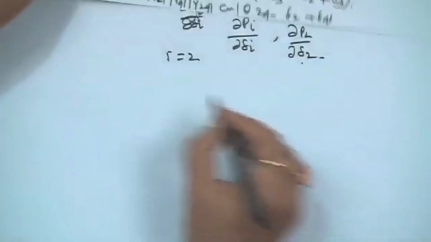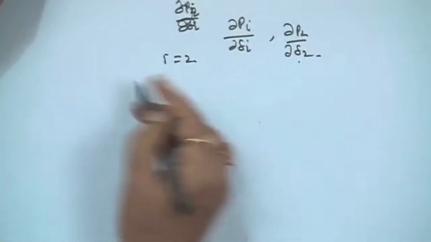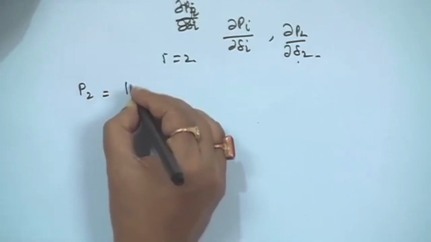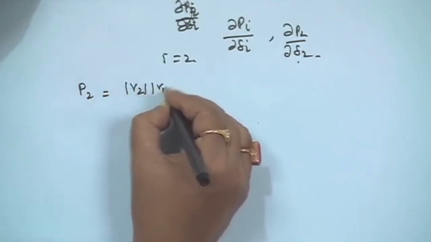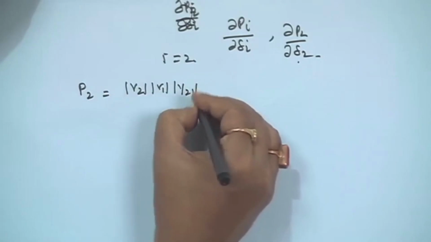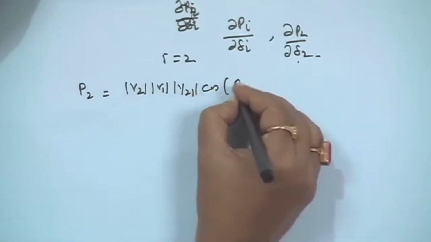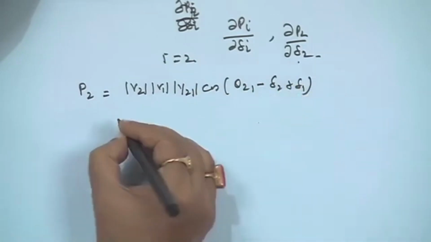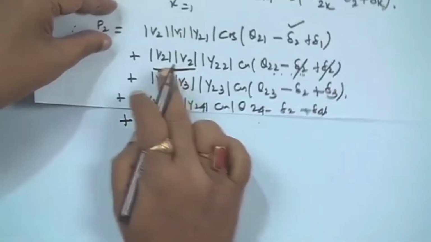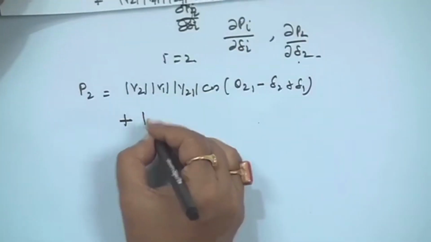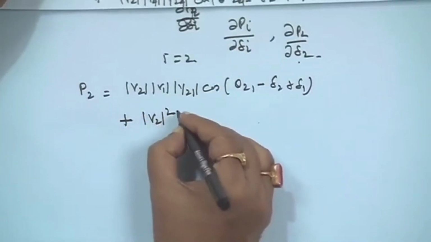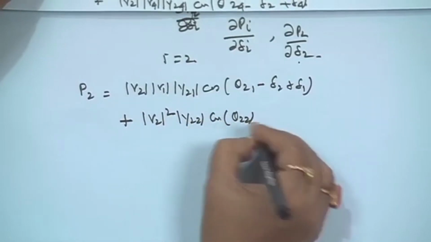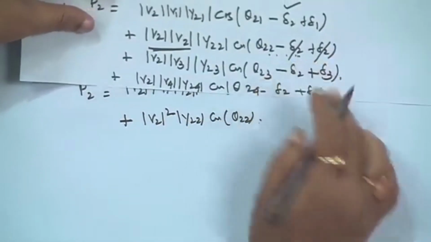So if I rewrite once again, P2 will be equal to V2 V1 y21 cosine theta 21 minus delta 2 plus delta 1, then plus V2 into V2, so it is V2 square, then y22, then cosine theta 22, because delta 2 will be cancelled.